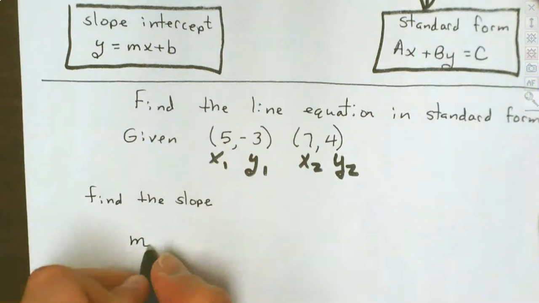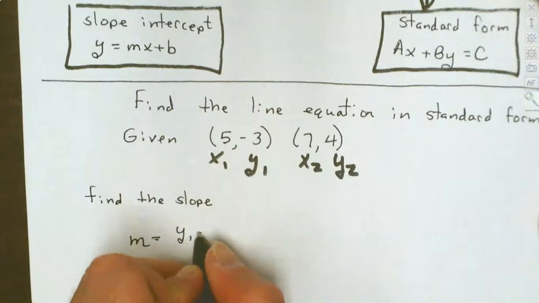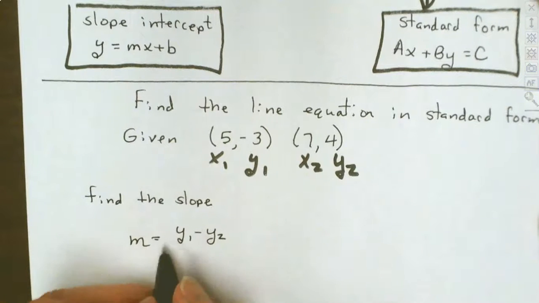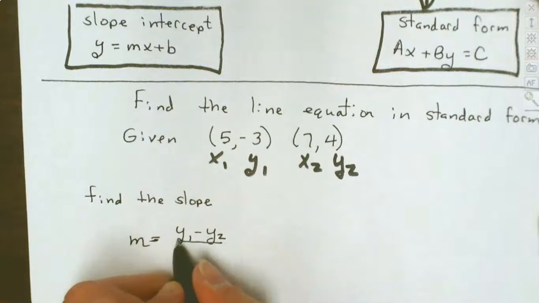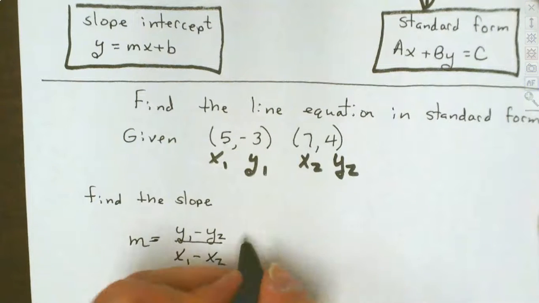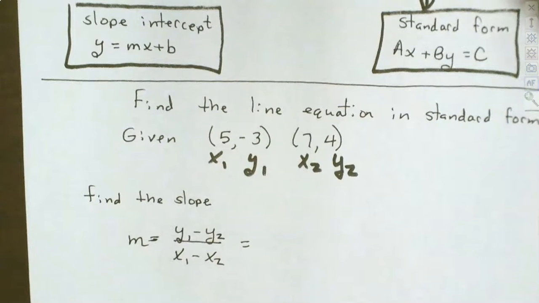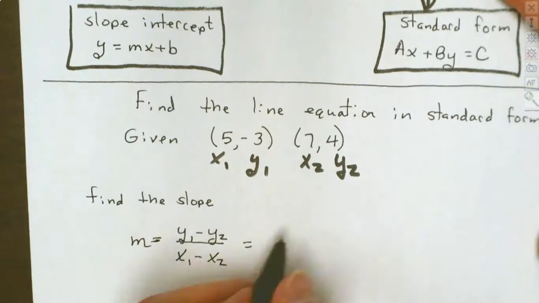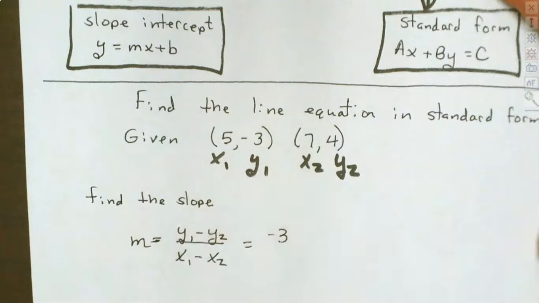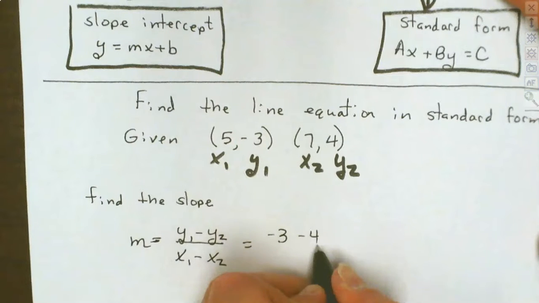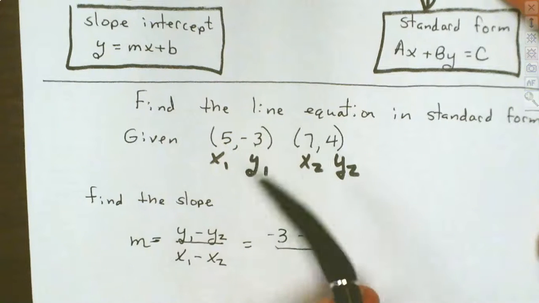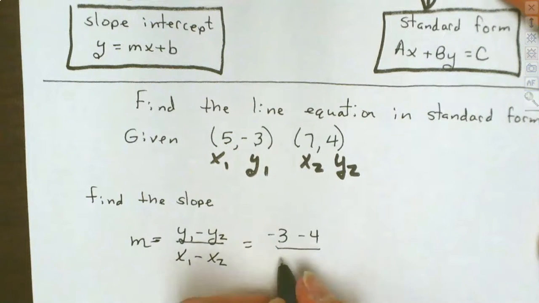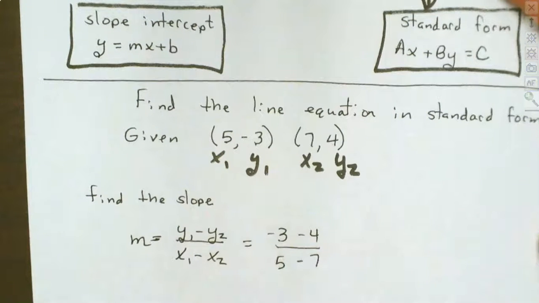And that is m equals y1 minus y2 over x1 minus x2. So plug in your values and watch for double negatives. So let's see what we've got. We've got a minus 3, minus 4, right, there's your y's, over 5 minus 7.